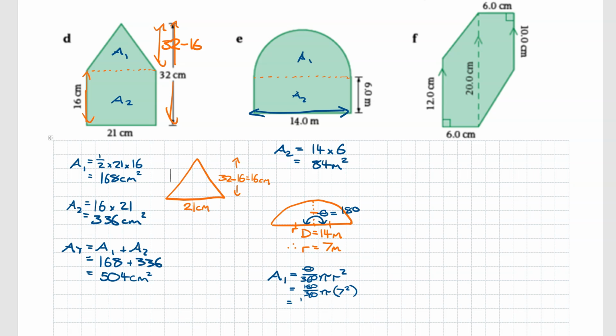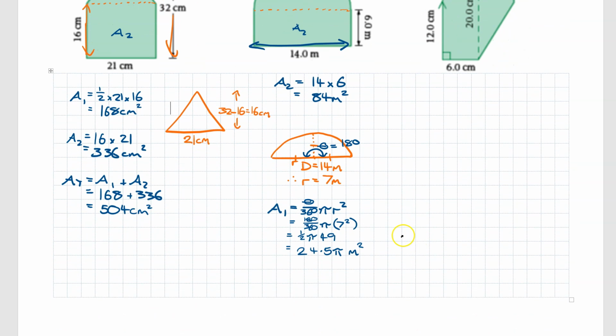This is going to come out to be a half, obviously it's half a circle, times pi times 49, and then calculating this we're going to get 24.5 pi meters squared. So not too bad.